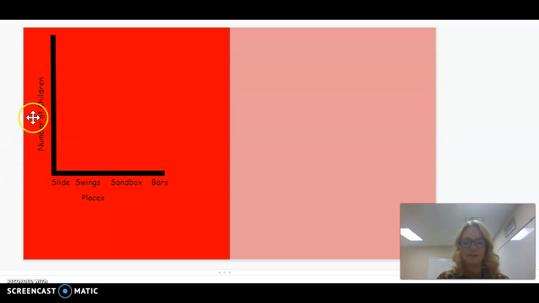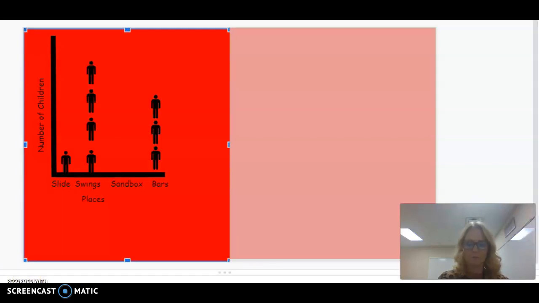Okay, so here we have the number of children, and we have the places that they are playing on in the playground. So again, here is an example of the pictograph. Here are the children.